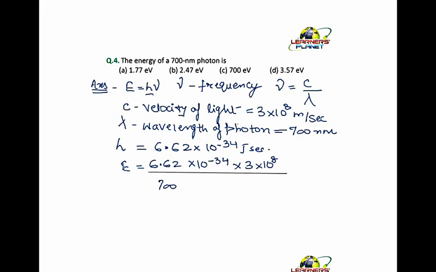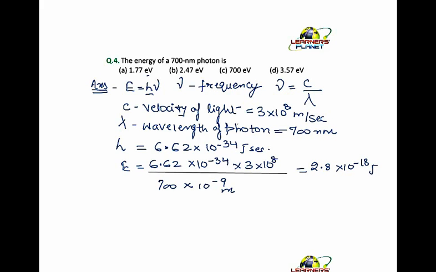Can we use the nanometer term here? No. 700 into 10 to the power minus 9 meters. If you do the calculations, you will get your energy. This energy is equal to 2.8 into 10 to the power minus 18 joules, because we have taken the value of h in joules.